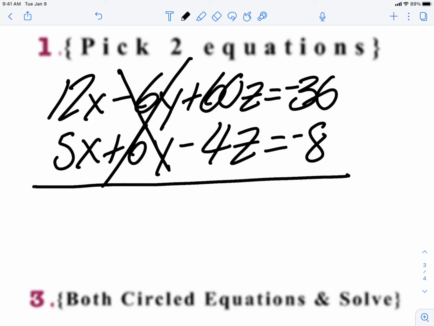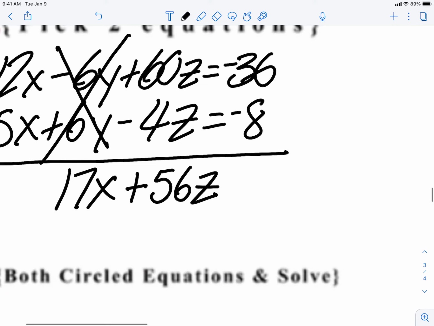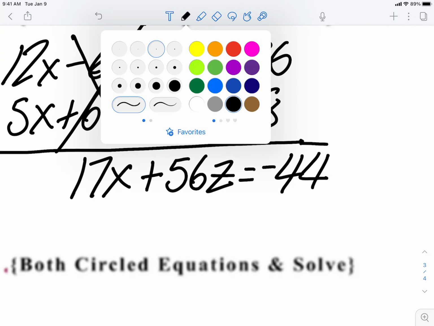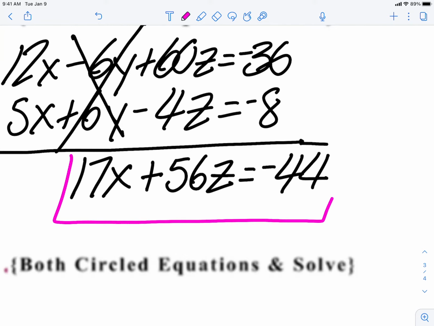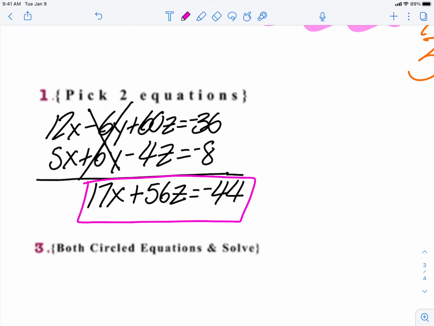So 12x and 5x gives me 17x. 60z minus 4z is positive 56z. Negative 36 and negative 8 is equal to negative 44. Look at that. And that right there, kiddos, is my first pink equation, okay?